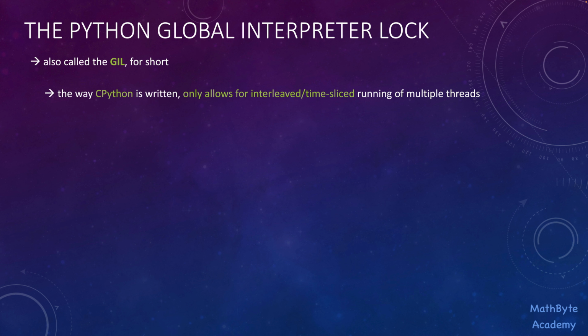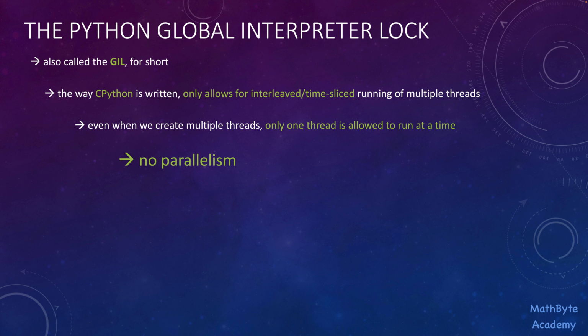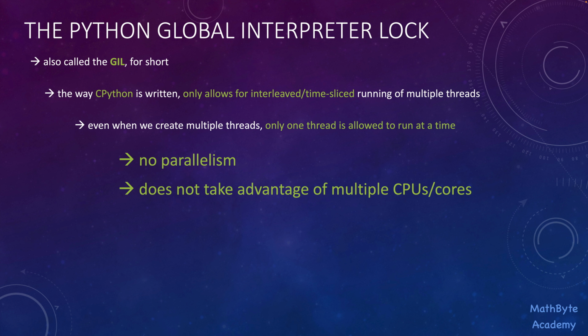The GIL basically is this global interpreter lock, and even if we create multiple threads, what the GIL forces is that only one thread is allowed to run at a time. So there is no parallelism when we do multi-threading in Python. None. It does not take advantage, therefore, of multiple CPUs or cores. It's basically just time slicing.